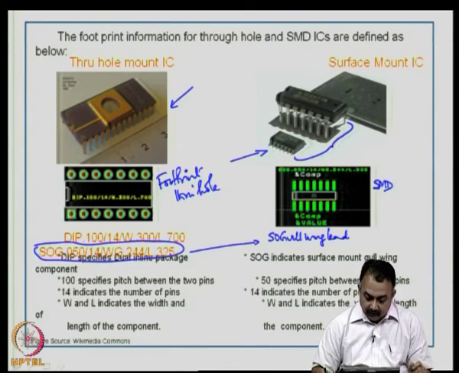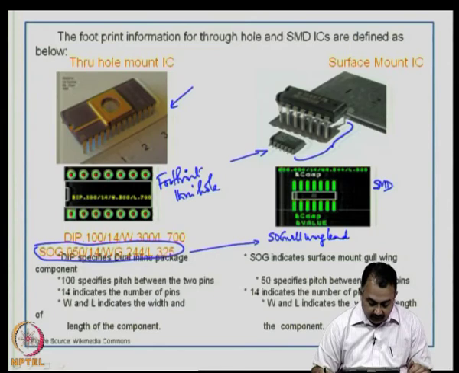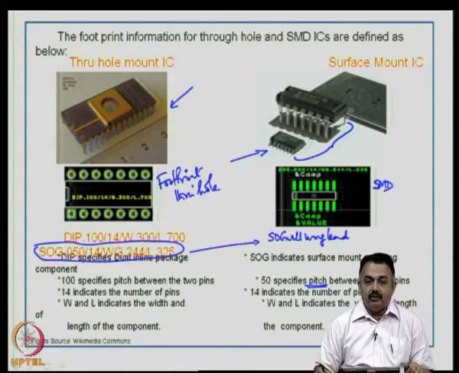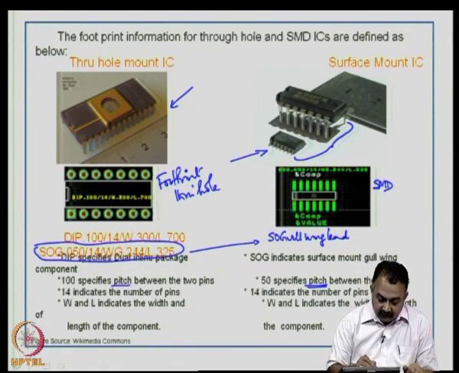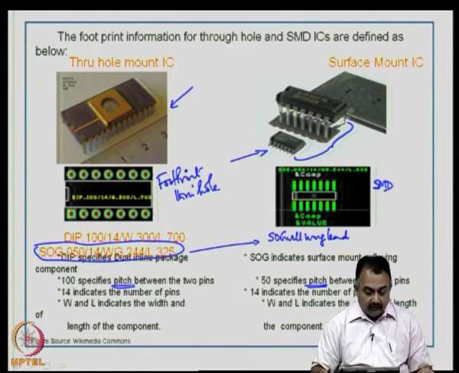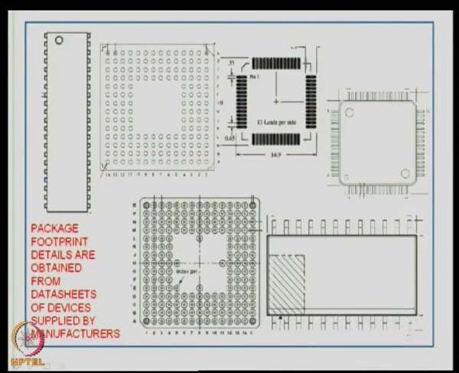Look for the width and the length that you require for a particular component, that is very important. The other thing is the pitch. What is the pitch you want to use for this particular package? Here it indicates 50 mils, in this DIP package it is indicating 100 mils. So, carefully look into the library information for each of these devices.